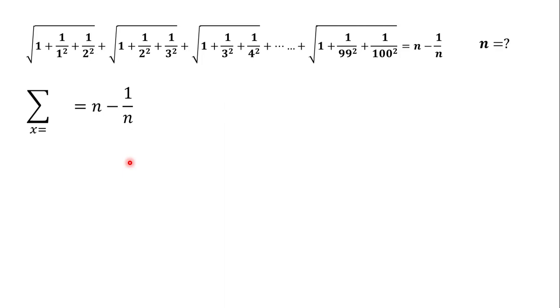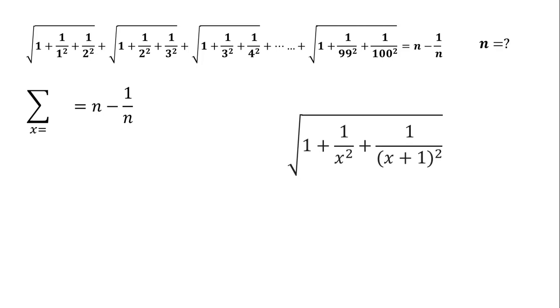To find a relationship between all the radicals, I should introduce a variable. I choose x, and so I can write each of the radicals as the square root of 1 plus 1 over x squared plus 1 over x plus 1 squared.